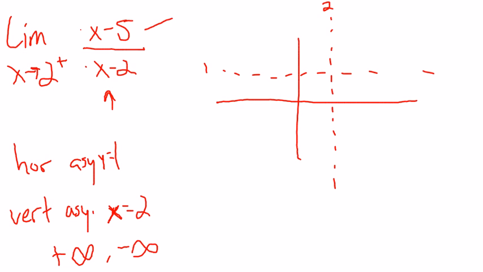From here, I also know, and you've got to be able to pick this out of this thing, that x equals 5 is going to make that fraction 0 in the top, which makes the function 0. So if this is x equal to 2, then I can go out a little bit further and take x equal to 5. That tells me that this guy goes through that point.